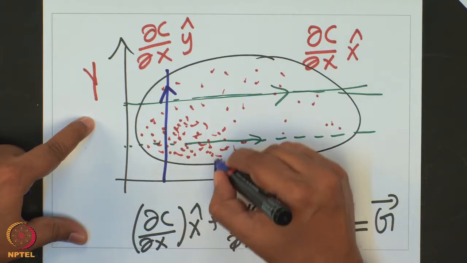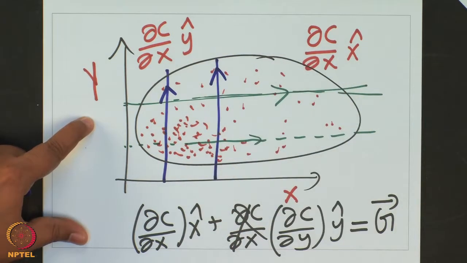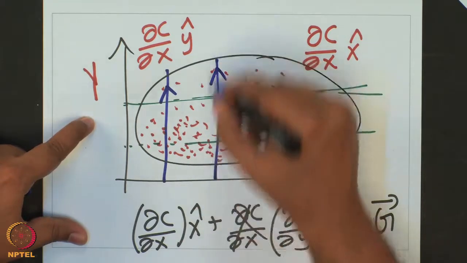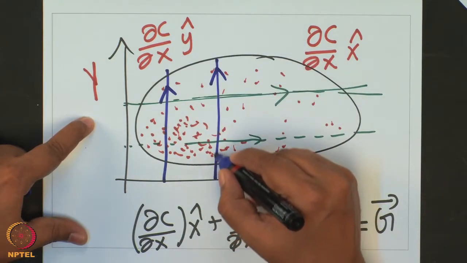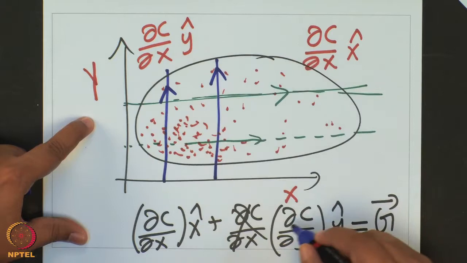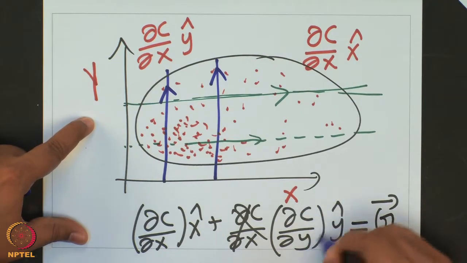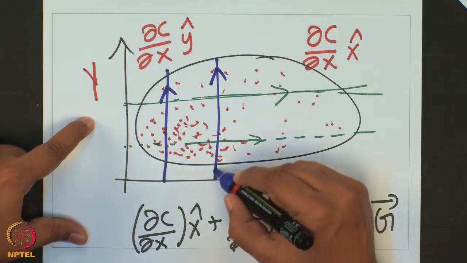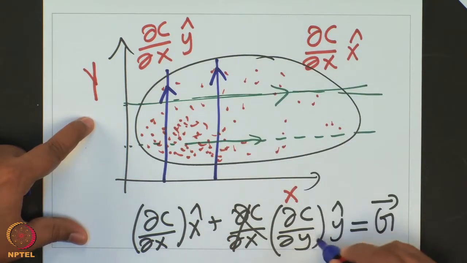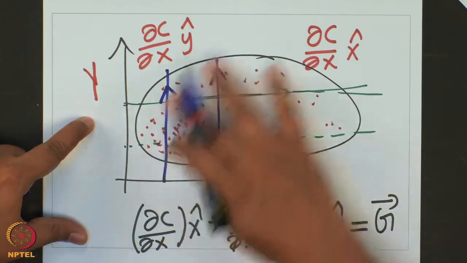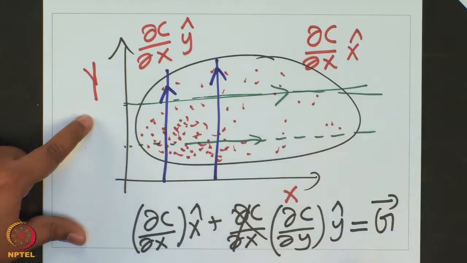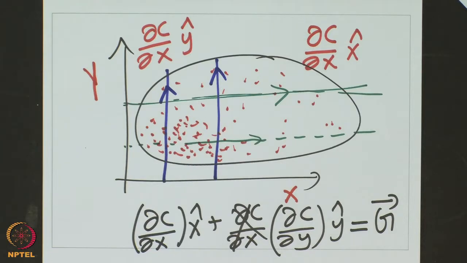Similarly, take any other line where x is equal to some constant, and as I go along the line, how the concentration changes is del C by del y. This is a partial derivative, which means x is a constant and only the change along y is measured. This is the meaning of the partial derivative, and it gives us the overall change in these two dimensions. That vector is the gradient vector.